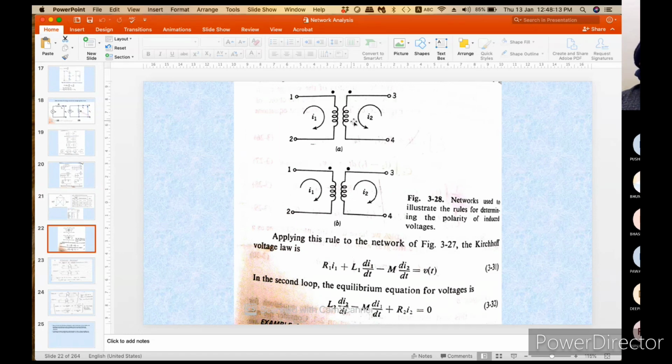And that is how the voltage gets transferred from one coil to the other coil with a time changing signal, right? Usually a sinusoidal wave. And therefore we also have to consider, in addition to this, the mutual inductance. And while considering mutual inductance, we have to consider what will be the sign of that mutual inductance, okay.